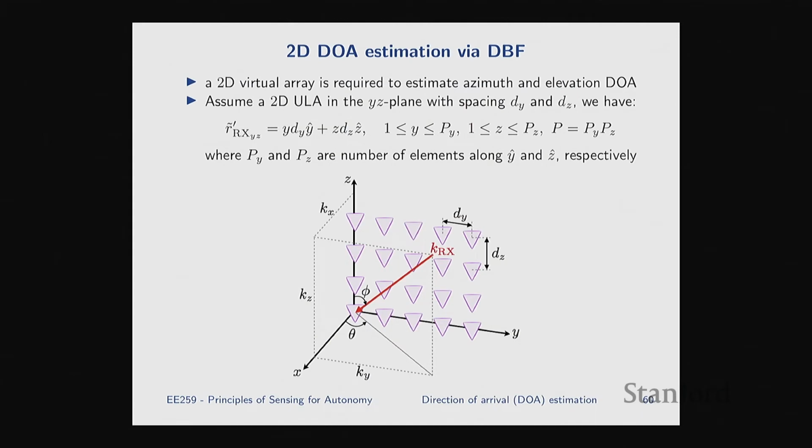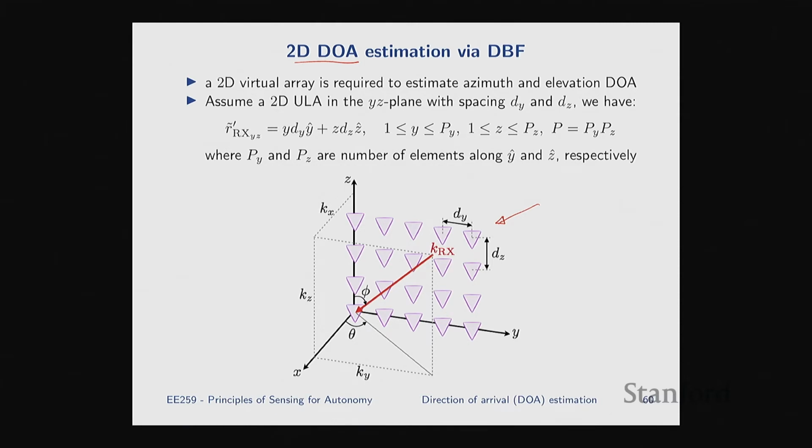Okay, very briefly, we talked about just 1D DOA. Everything we did, we were assuming a uniform linear array and just azimuth angle. 2D DOA is exactly the same. So if you have a 2D uniform linear array, like I've shown here, it's spanning a plane, and in each axis the spacings are uniform.